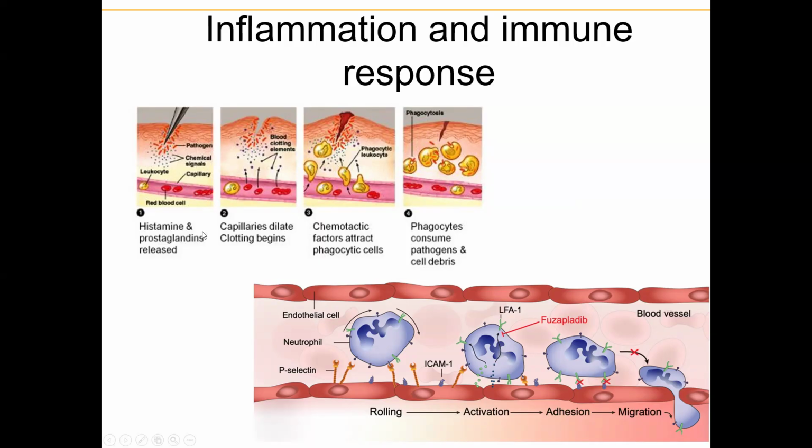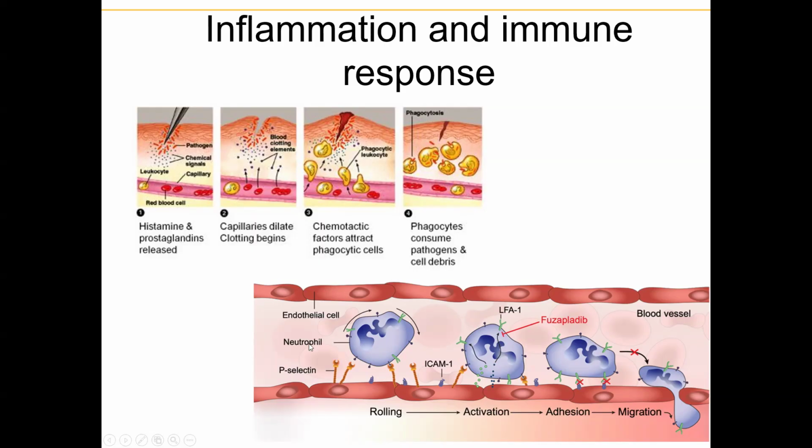In turn, this attracts neutrophils via the capillaries. You can see how the neutrophils reach into the tissues, because neutrophils are part of our blood, circulating polymorphonuclear leukocytes. They are attracted following the histamine and prostaglandin released from the mast cells.